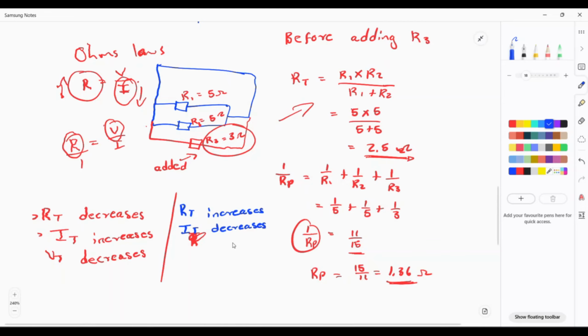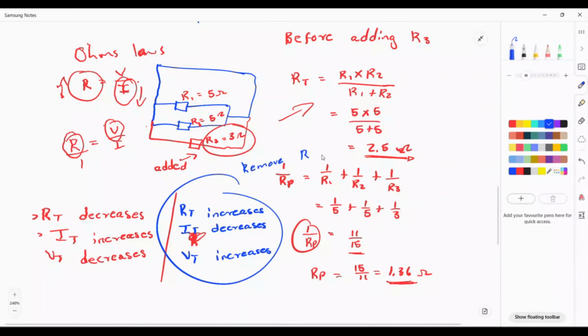The voltage will say, nah, my love is increasing, I also have to increase. So VT is going to also do what? Increases over there. So this is what happens when you remove R in parallel. So that's how you work it out. As simple as that.